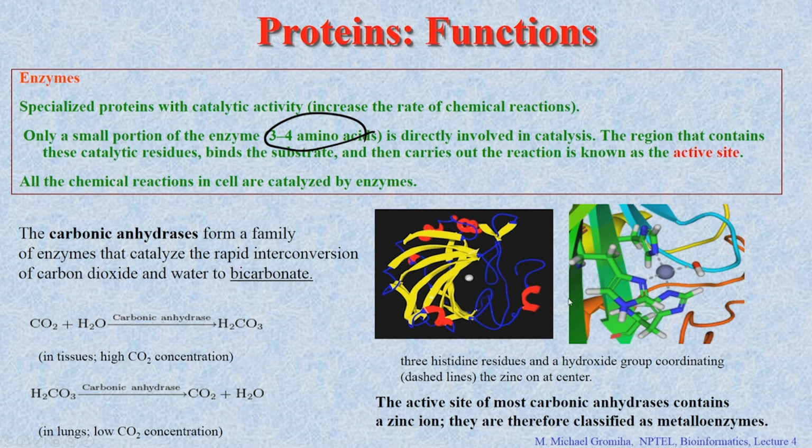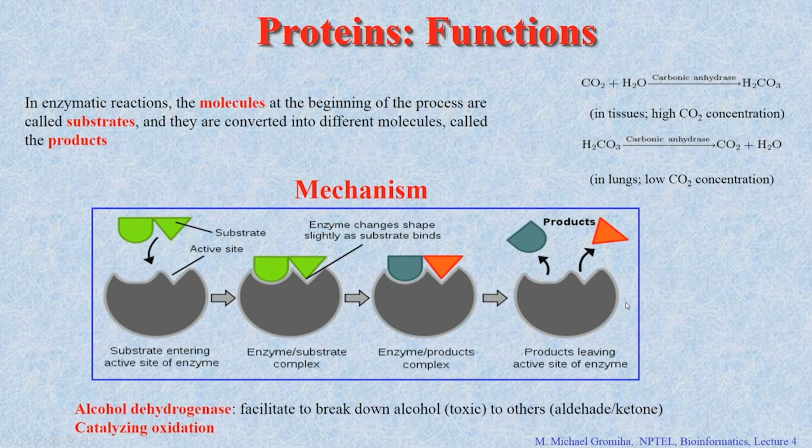Here is another example, for metalloenzymes. The active site of most carbonic anhydrases contains a zinc ion. This zinc ion is coordinated by 3 histidines. You can see one histidine here, one here, one here. So, these proteins are also called metalloenzymes because they are coordinated with this zinc ion.